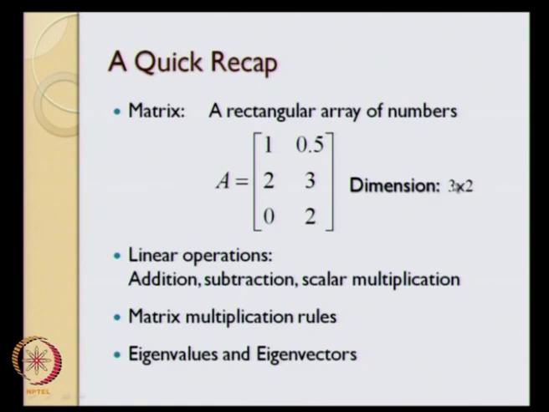So, we cannot multiply a 3 by 2 matrix by another 3 by 2 matrix, but we can multiply A with A transpose, in which case it is going to be a 3 by 2 matrix multiplied by a 2 by 3 matrix, and the result is going to be a 3 by 3 matrix.